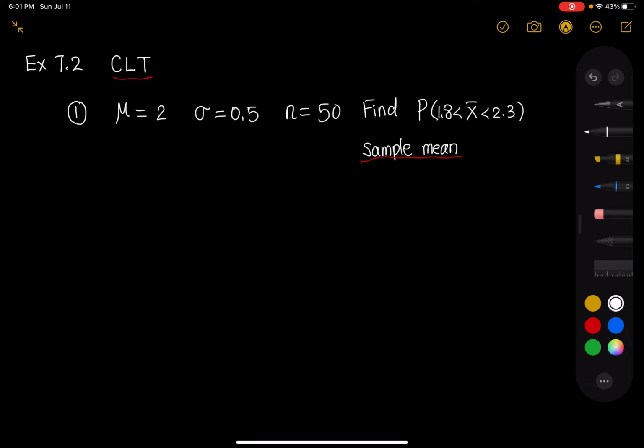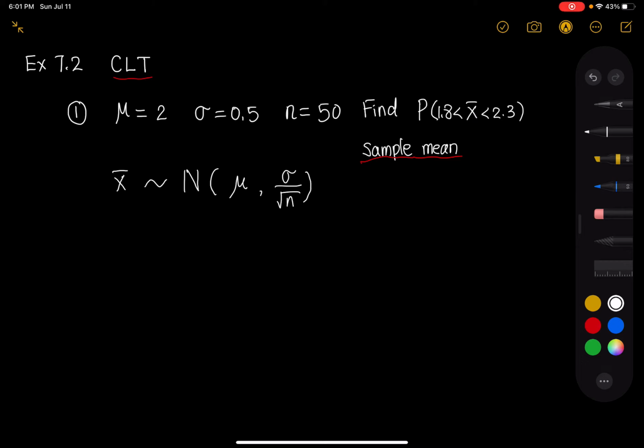What does the central limit theorem tell us? It tells us the sample mean x bar, we need to remember the symbol, is normally distributed with mean the same as the mean of the normal distribution, but the standard deviation is sigma over square root of n.